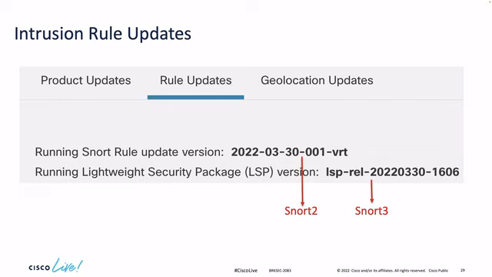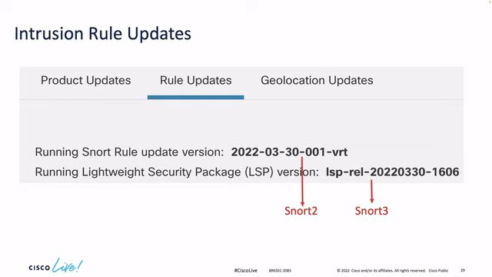The first one being what we refer to as VRT, which is applicable for Snort2. So all the IPS policies which are present in the system that are Snort2 variant, the signature update would happen as part of this VRT update. Similarly, the Snort3 version of those IPS policies will be updated by the LSP package, which is downloaded.